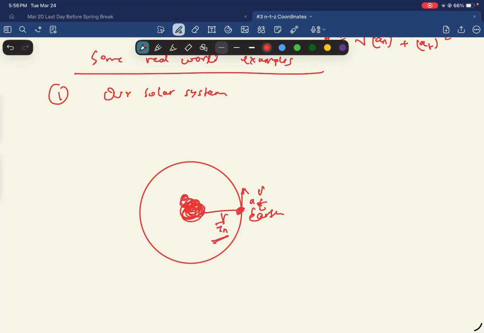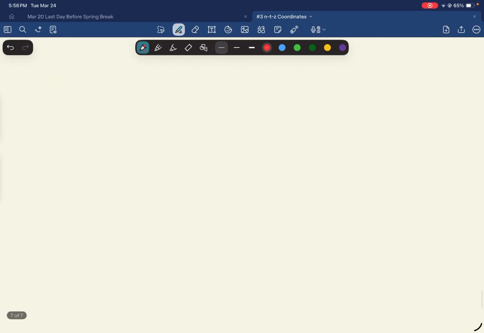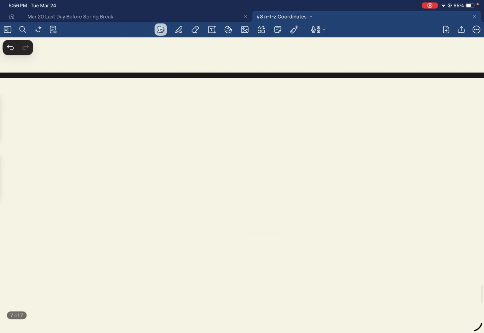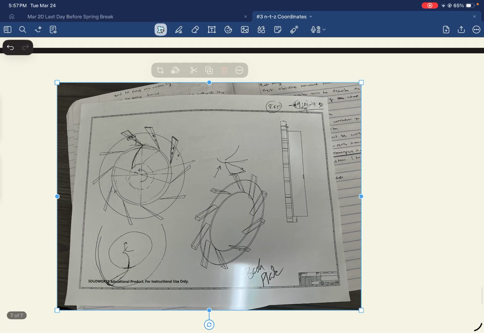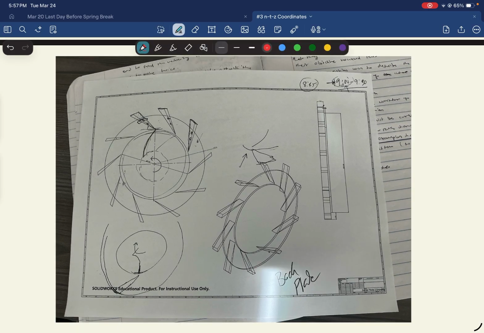So it is also used to study our own solar system, and a radial hydrogen turbine. If I show you an image from my own project, I need to copy this first, delete it from here and paste it over here. As you can see, this is the back plate of the compressor side, and all these blades rotate in the clockwise direction, and as you can see it's a curvilinear path.